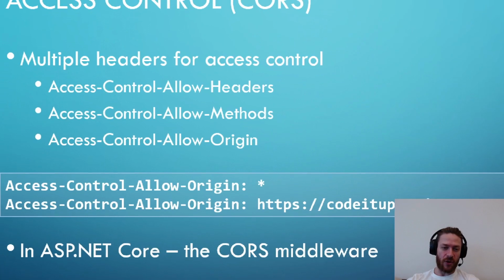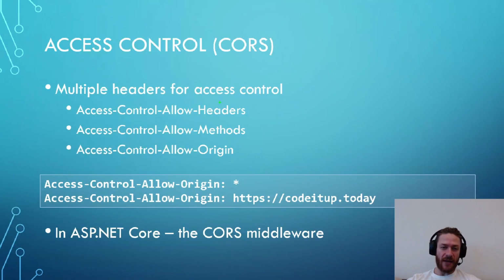The access control is the plain old CORS. Access control is adding a header specifying which domains or headers or methods have access to this resource. So a browser makes a request, the server returns a header having the following name: access control allow origin.